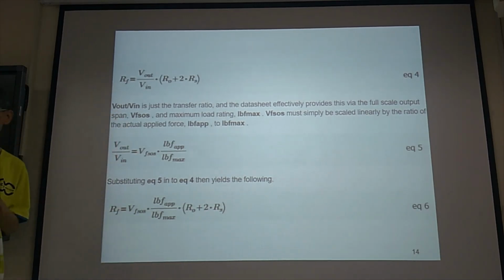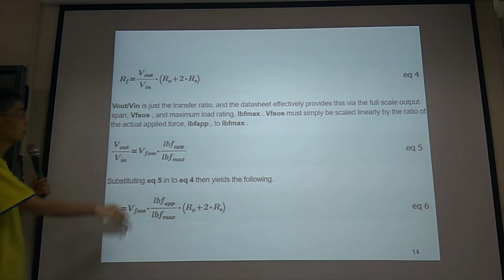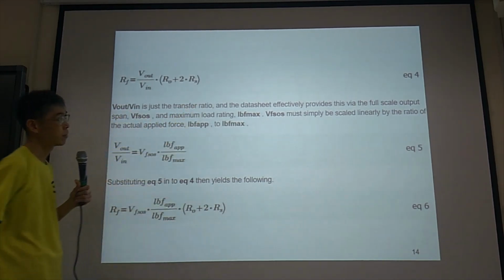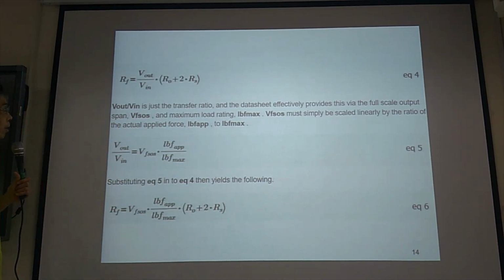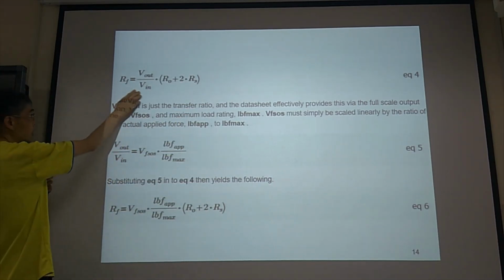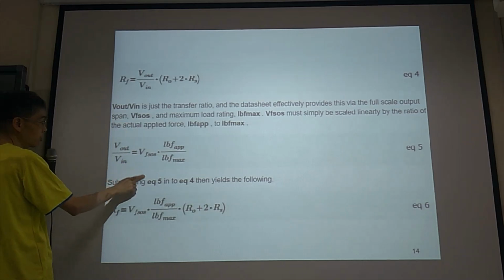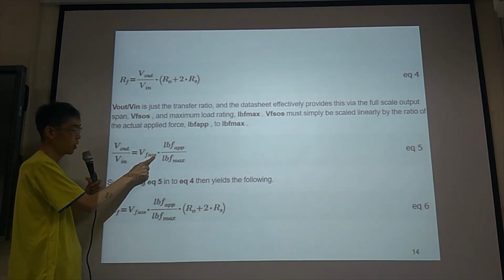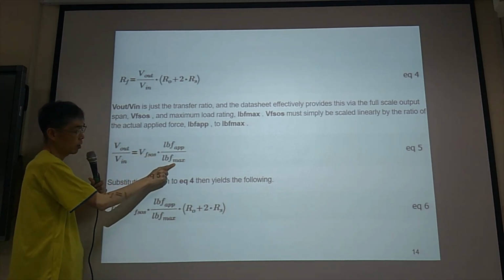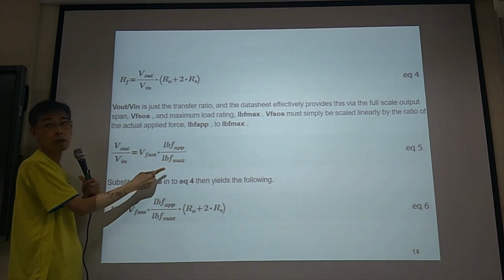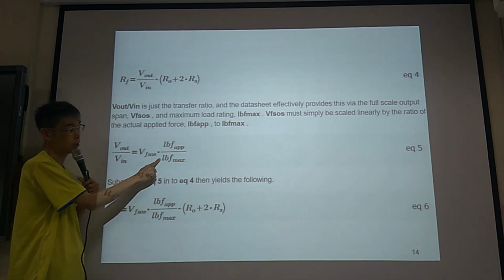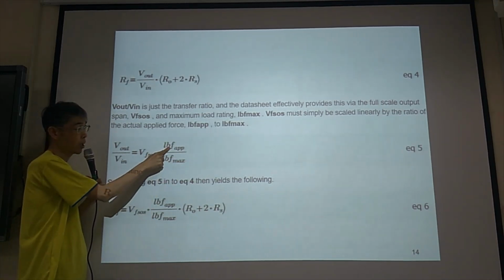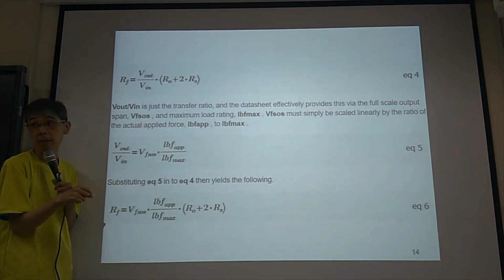Then we have some definitions. V out divided by V in, we call this the transfer ratio. Then we define this one: V out over V in equals the full scale output span times, this is the spec, the maximum force you can apply to the load cell, and this one is the force you applied.